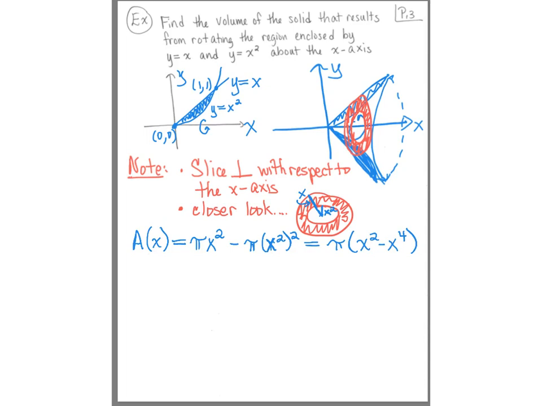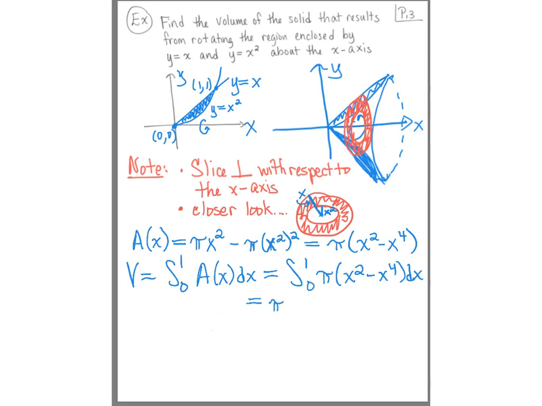Now we integrate to find the volume. V is equal to the integral from 0 to 1 of A of x dx, which is the integral from 0 to 1 of pi times x squared minus x to the 4th dx. Pull out your pi and integrate.